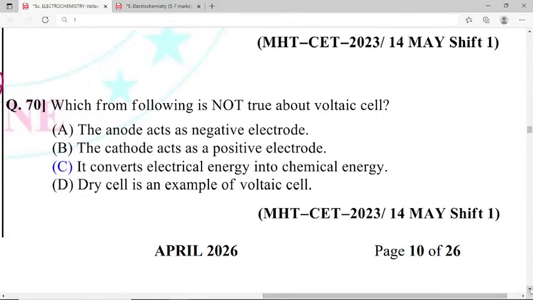Which of the following is not true about a Voltaic cell? The anode acts as a negative electrode, correct. The cathode is positive. It converts electric energy into chemical energy? No. Not true about a Voltaic cell. Dry cell is an example of a Voltaic cell, correct.